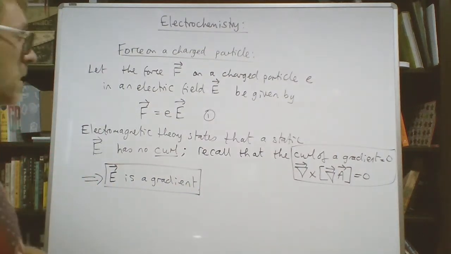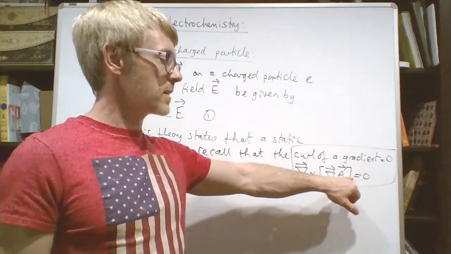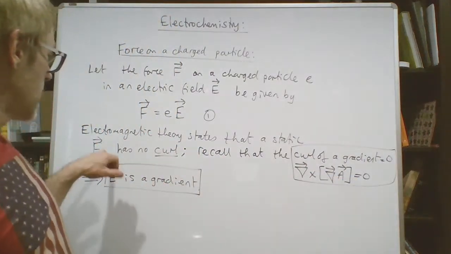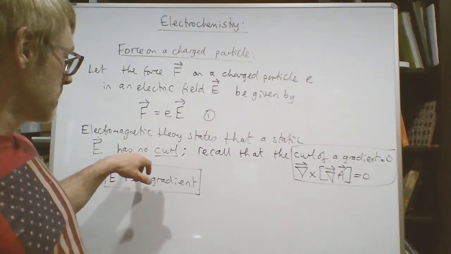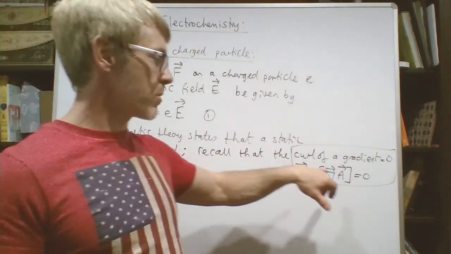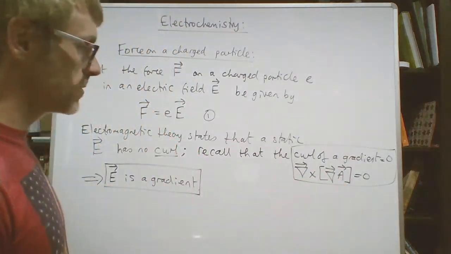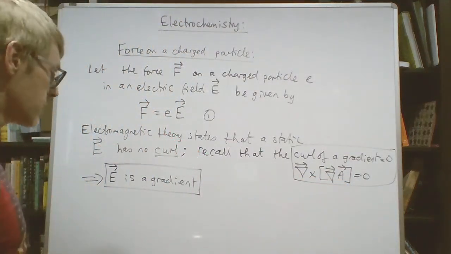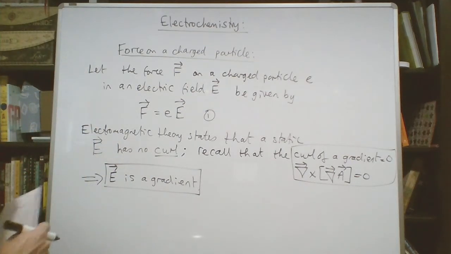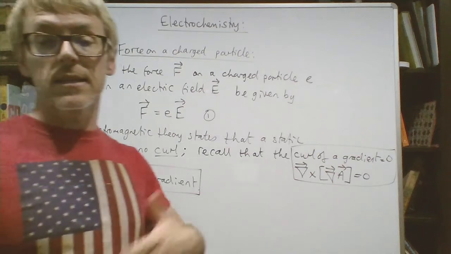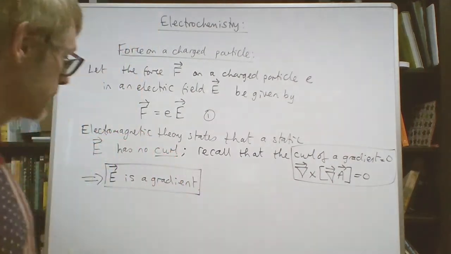If the curl of this object is 0 and the curl of this object is 0, then this object is probably the same as this object, or at least we don't have any evidence to say otherwise. So we're going to state that the electric field itself is a gradient, and recall that a gradient is a slope, and ultimately forces connect on slopes.